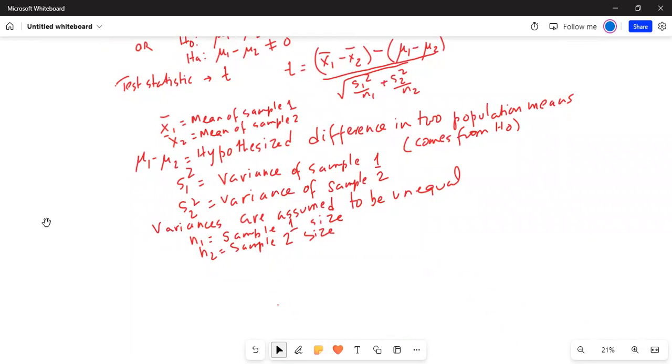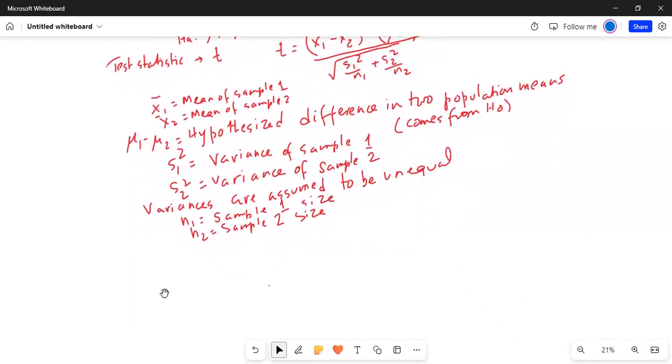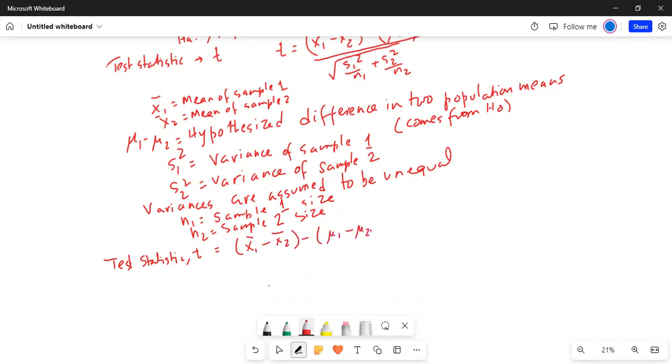So the test statistic again is t is equal to x1 bar minus x2 bar minus mu1 minus mu2 divided by square root of s1 square by n1 plus s2 square by n2.